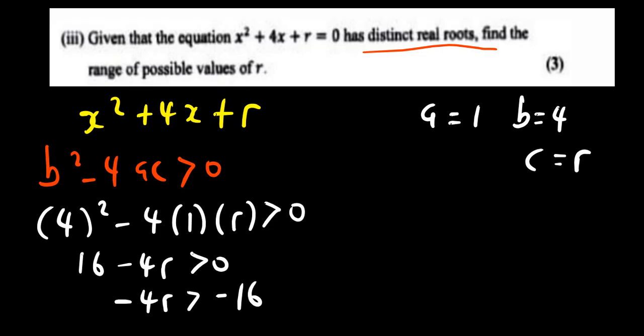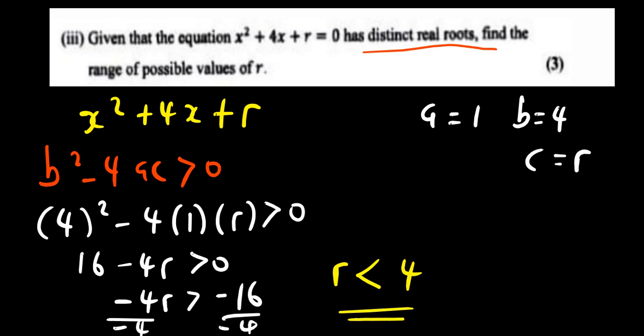When we divide by negative 4 on both sides, we remain with r. Every time you divide by a negative in an inequality, the inequality changes the sign. So r will be less than 16 over 4. 16 over 4 is just 4, right?